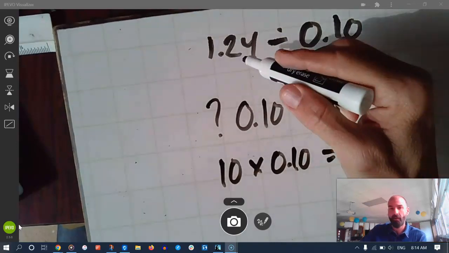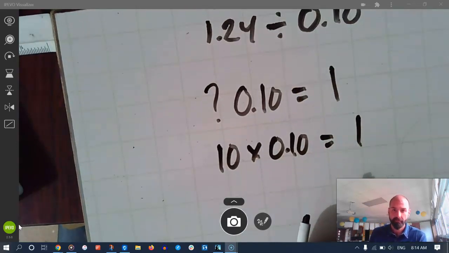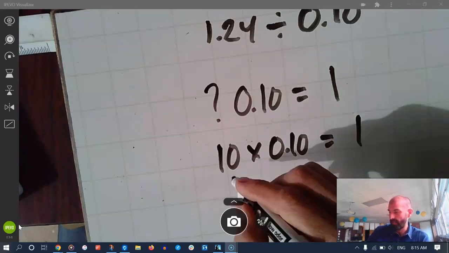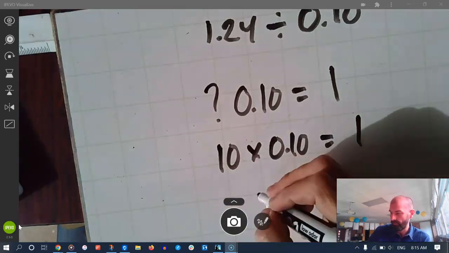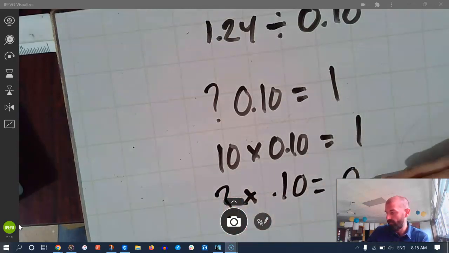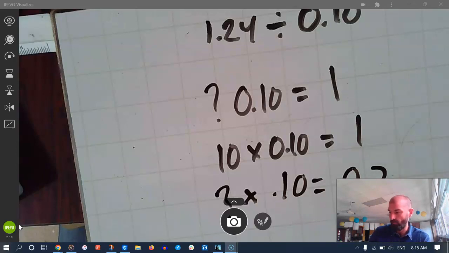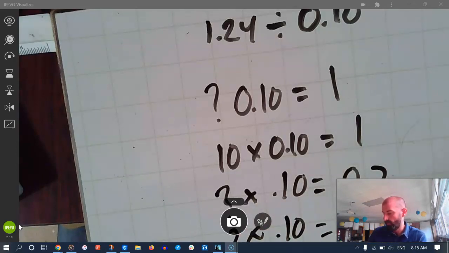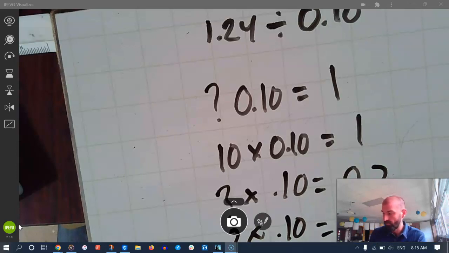So how many tenths are in 2/10? 2, right? We have 10 in 1 whole. How many 1/10ths are in 2/10? That would be 2. So 2 times this equals 0.2, right?